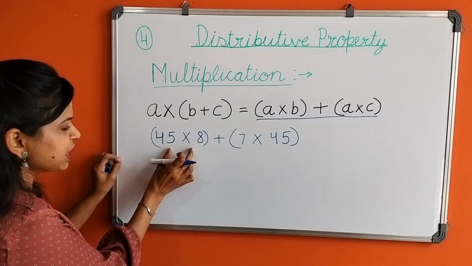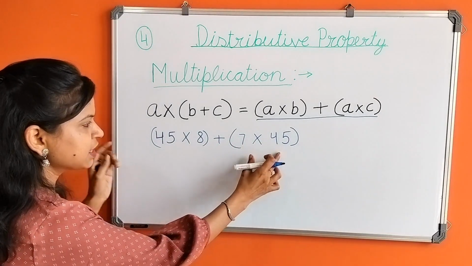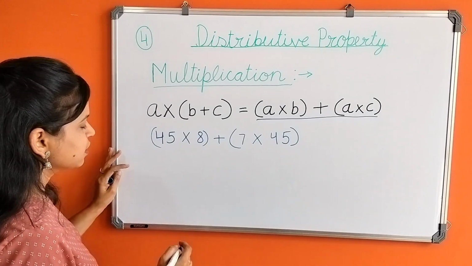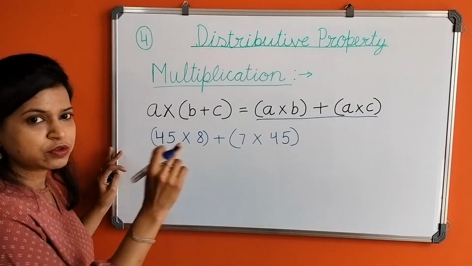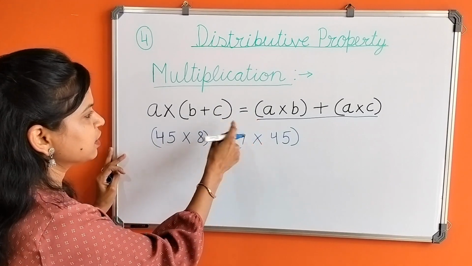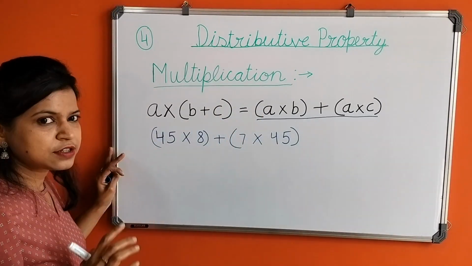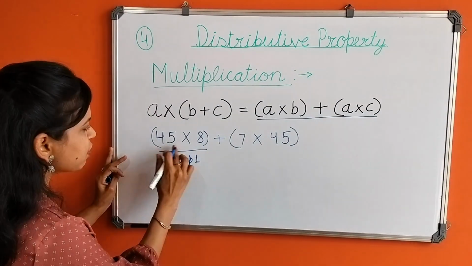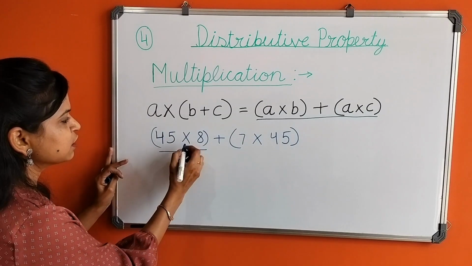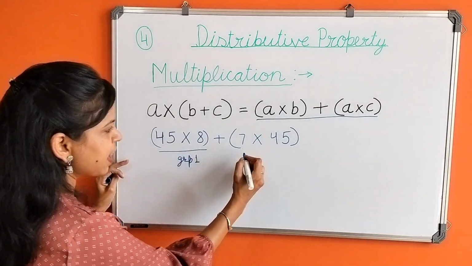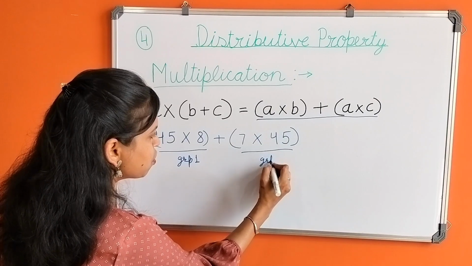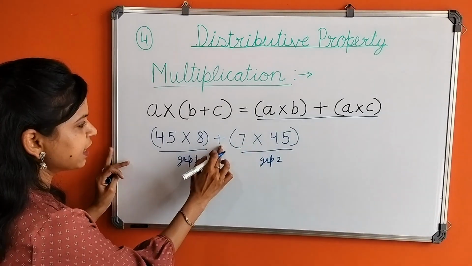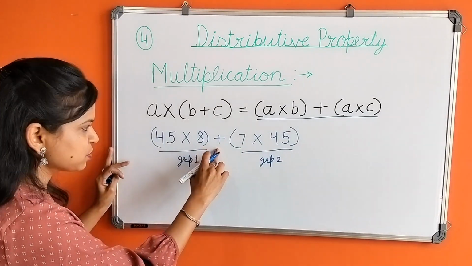If we first multiply this, then multiply this, then add, it will be a little bit long. So to solve it, we will use this distributive property but in reverse order. This is group 1 because both integers are in multiplication, and this is group 2, also in multiplication, with addition between both groups.